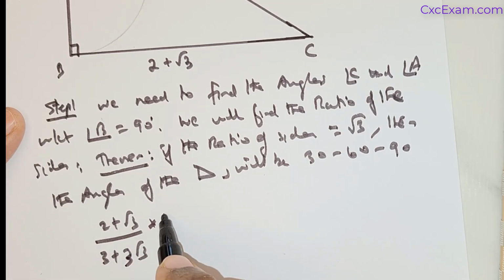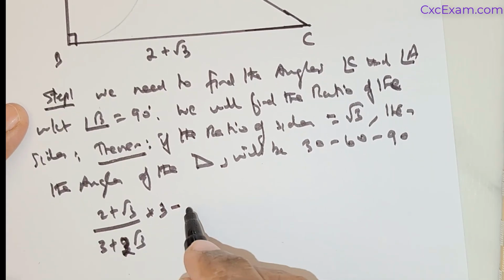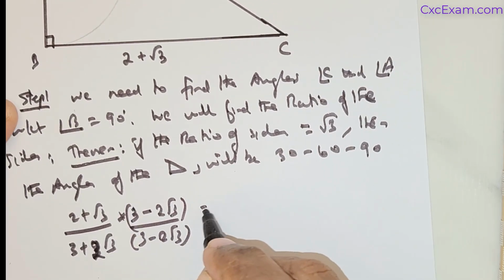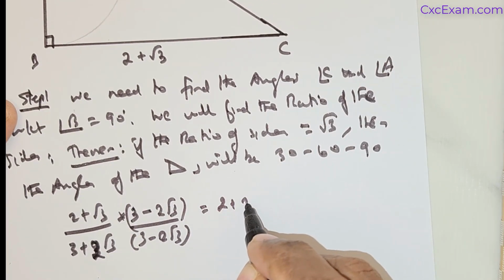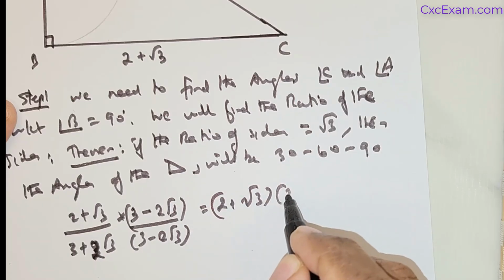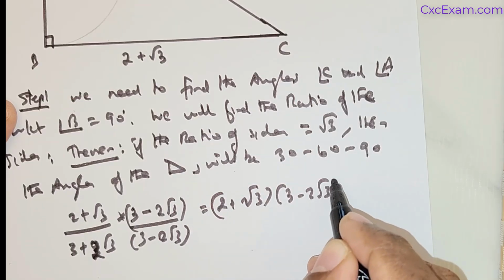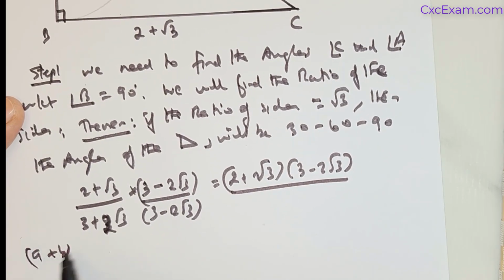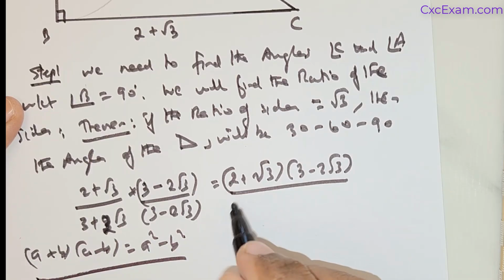So I'm going to multiply by the conjugate, 3 negative 2 times root 3 divided by 3 negative 2 times root 3. So let us see what we are getting. 2 positive root of 3 times 3 negative 2 times root 3, divided by, now this is of the form a positive b times a negative b, which is going to give us a squared negative b squared.